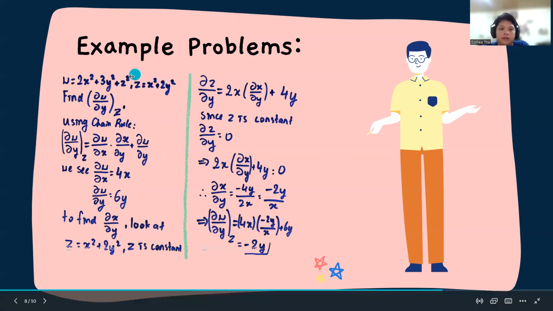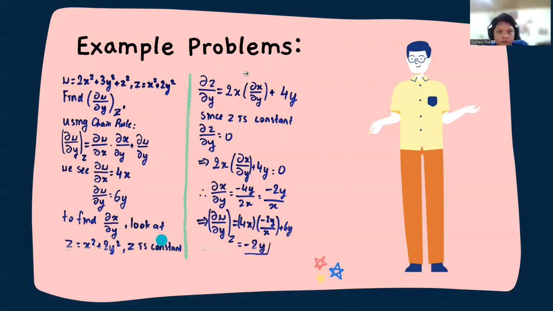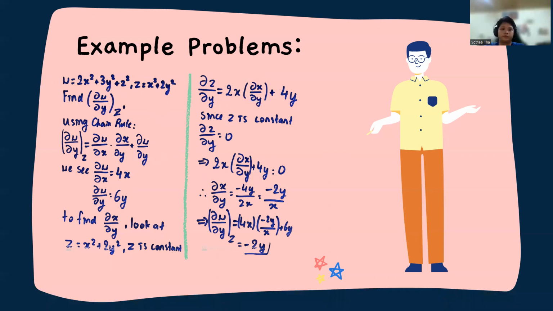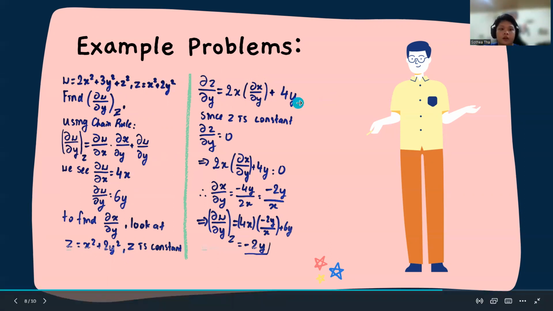So we look at this relation here, z equals x squared plus 2y squared, and we just differentiate both sides. dz over dy equals 2x times dx over dy, because we differentiate x squared by y using the chain rule, and for this one, we differentiate by y as well, so it will be plus 4y.